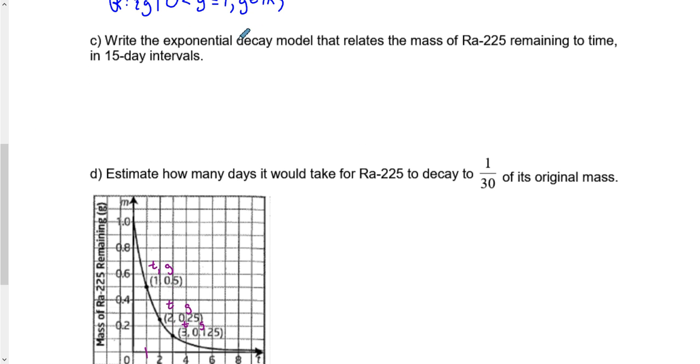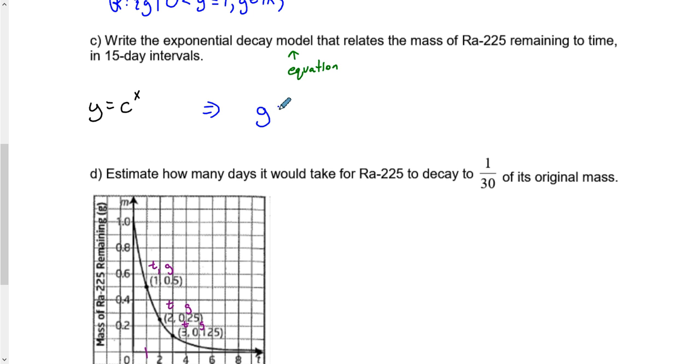So what we're going to do is write the exponential decay model that relates mass remaining to time in 15-day intervals, which means it's actually just asking, what is the equation? Well, the beautiful thing about the equation is this. Y is still going to be our y-axis. X is still going to be our x-axis, which means when we put it into our equation, our mass is our y value.